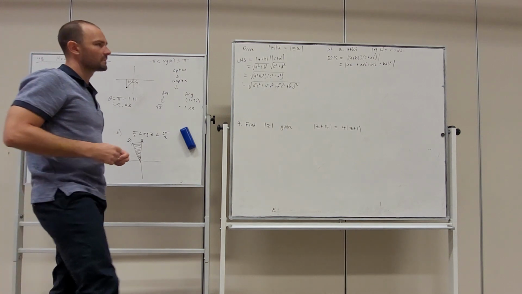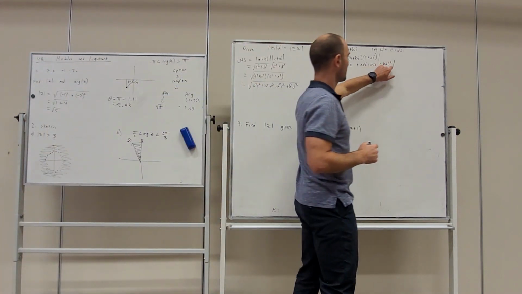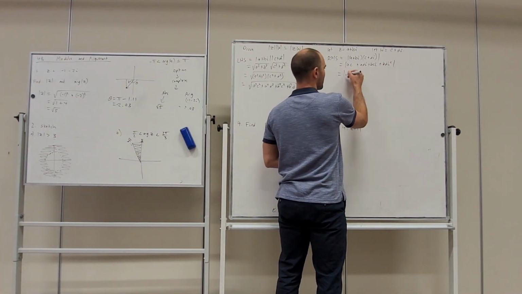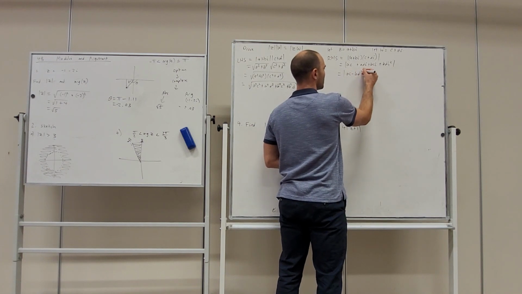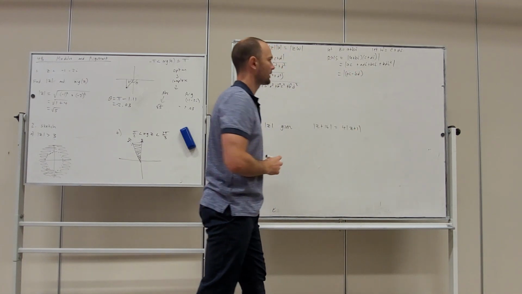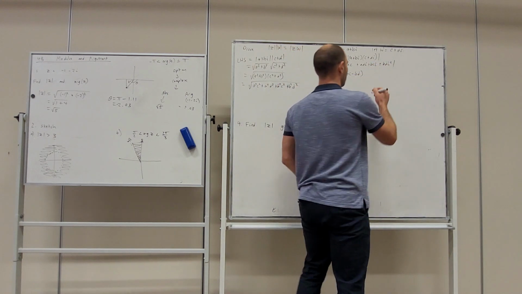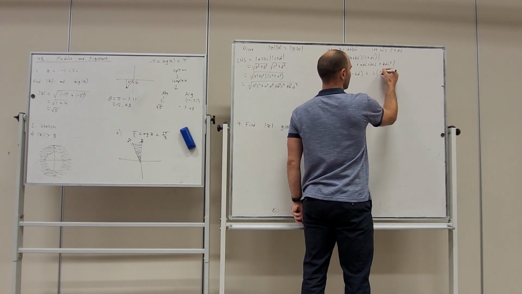Now bdi squared becomes take away bd, so I'm going to separate this into the real part. That's the real component, ac take away bd, and then plus the imaginary component.